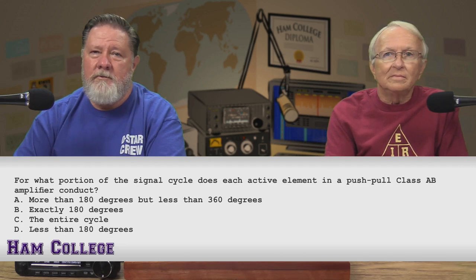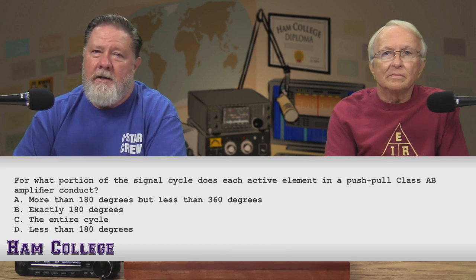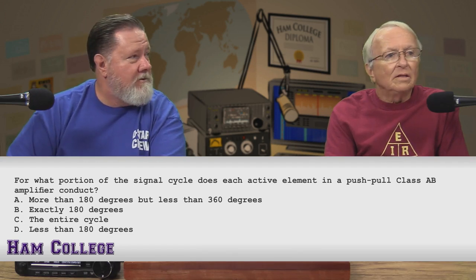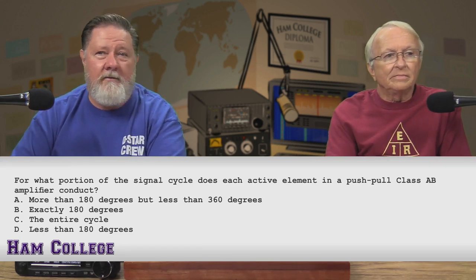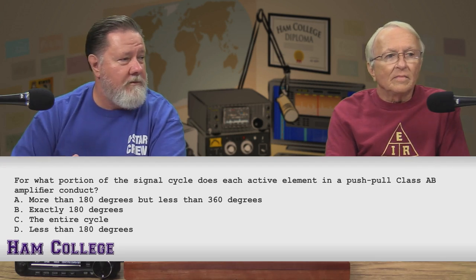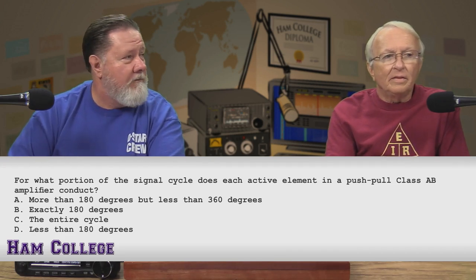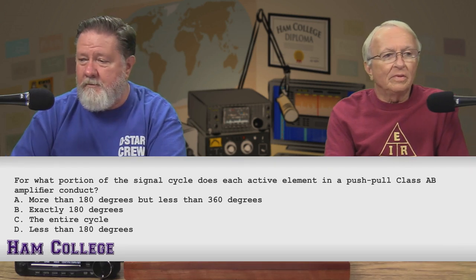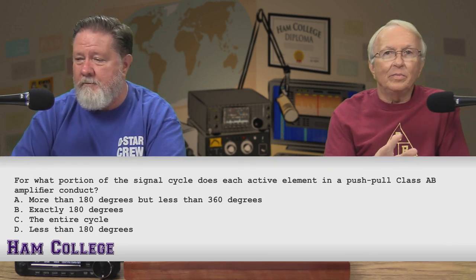This portion of the signal cycle, 180 degrees would be half of it. And as a push-pull, I'm going to go with B. I'm really not sure though. That's just a guess. I don't know this stuff in this topic very much, and I didn't study. They're a little mixed between A and B here.